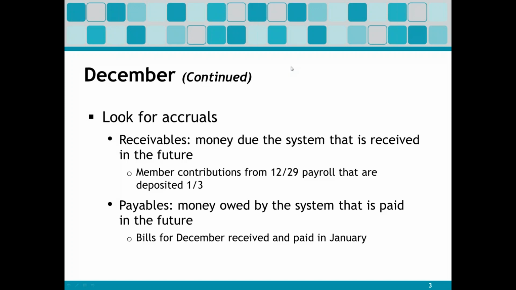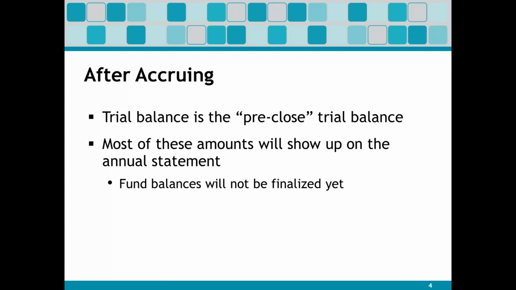So if you get money the last day of the year and take it to the bank on January 2nd, set that up as an account receivable. The accounts payable are the money that the charges are accrued in December, but you just don't receive a bill until January. So at the end of the year, you do want to look for those and set them up.